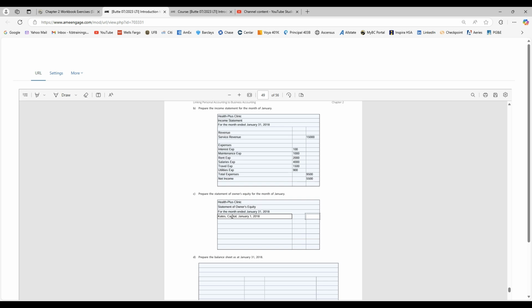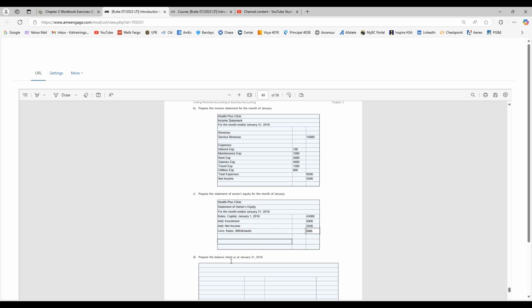So our beginning balance was 43,000, and we're going to add the investment in of 5,000. We're going to add net income from above here, 5,500. Then we're going to subtract the withdrawal of 2,000.